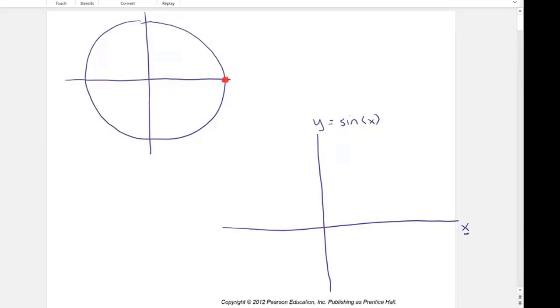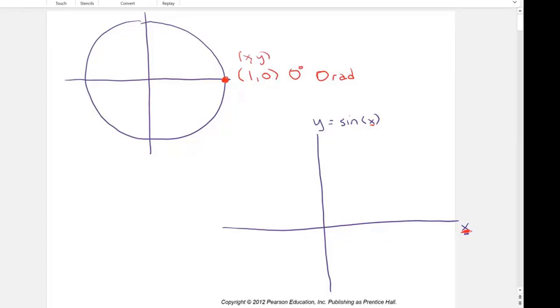Here, I pick a point. I know this point here is (1, 0) at 0 degrees, 0 radians. This x is really my angle. You can call this x, but I think people get mostly confused because it's xy, and here I have xy.